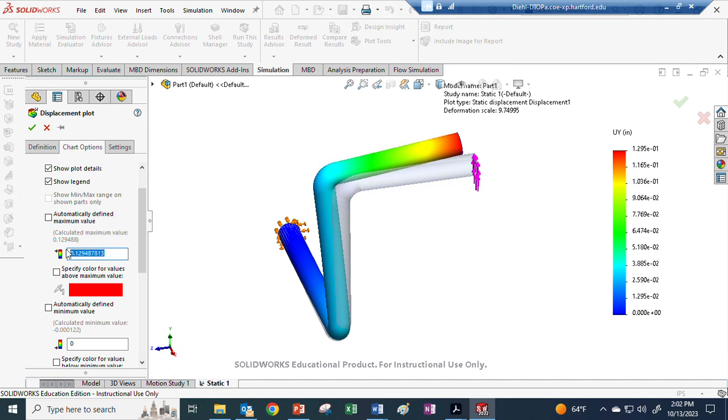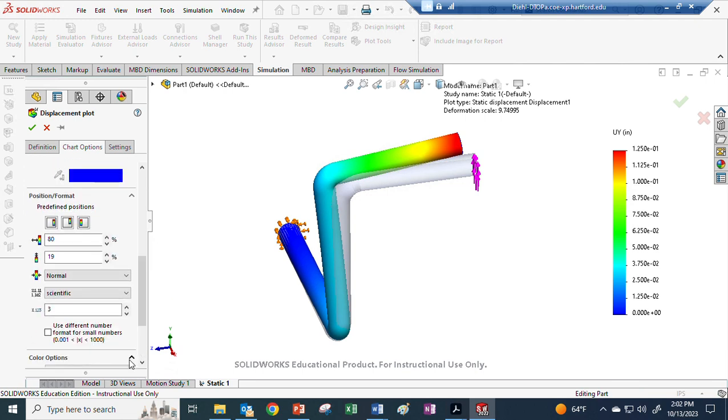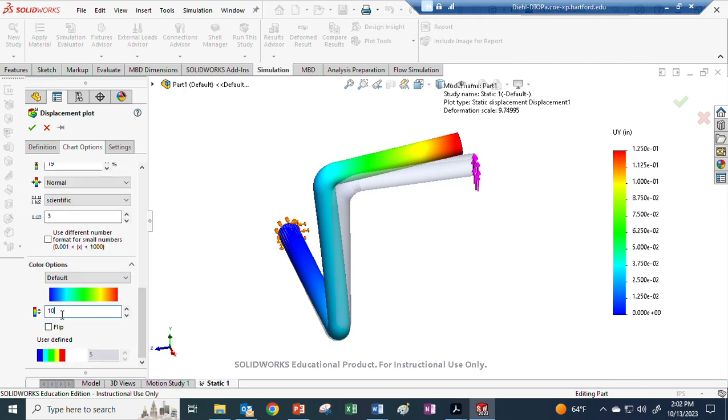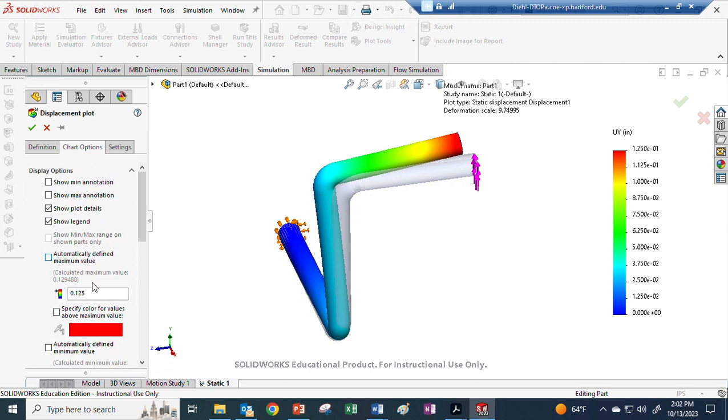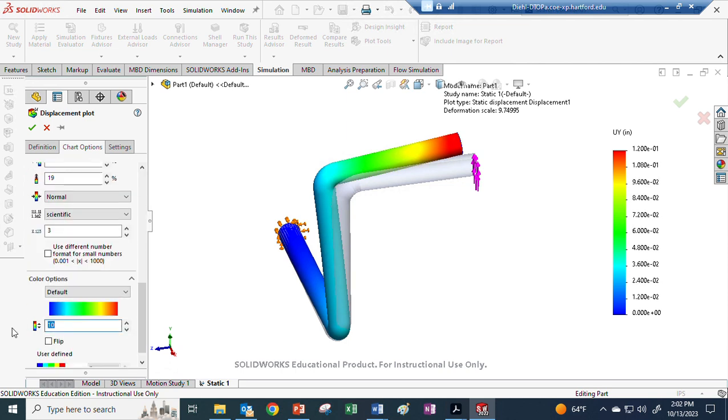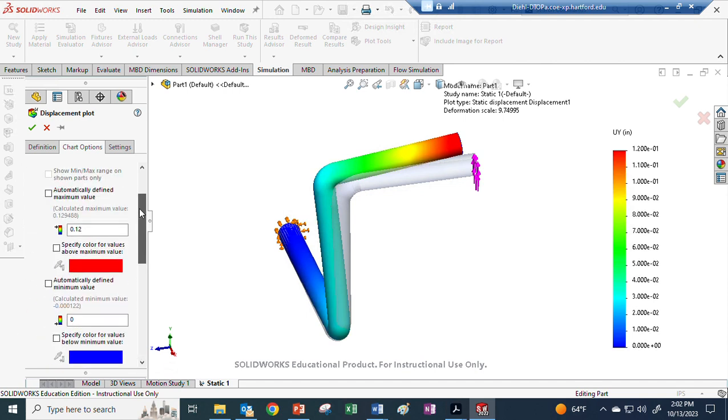Might want to make this one 0.125. And can 0.125 be divided by 12? No, so instead, maybe I want to make this 0.12. Yeah, 0.12. And then make this 12. That will give us even increments.